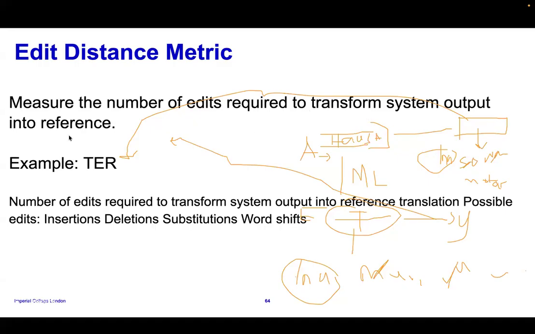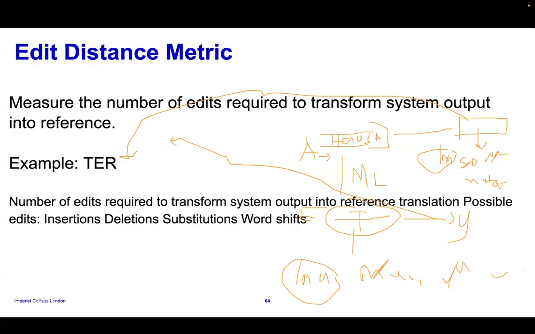So for example, we have the system output here and the reference output here. How many edits are we going to do on this system output to give us exactly the same as the human output? How many edits?